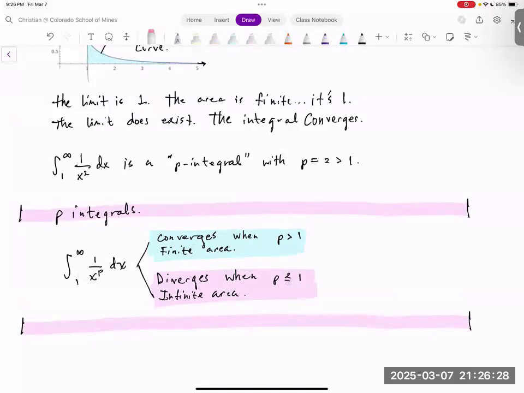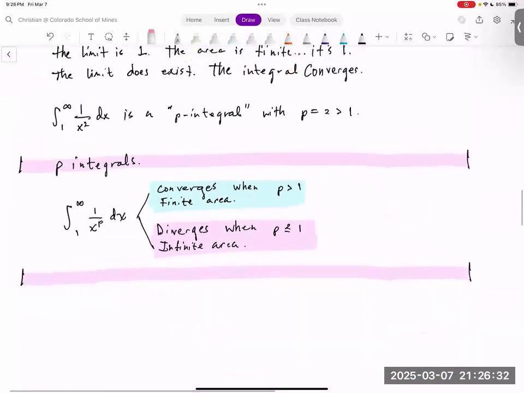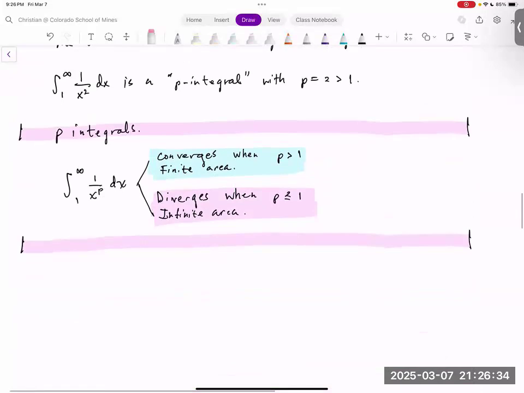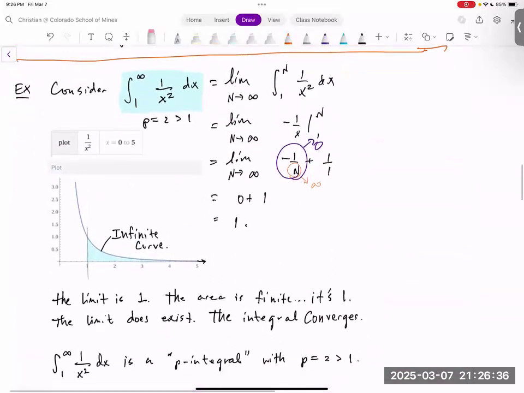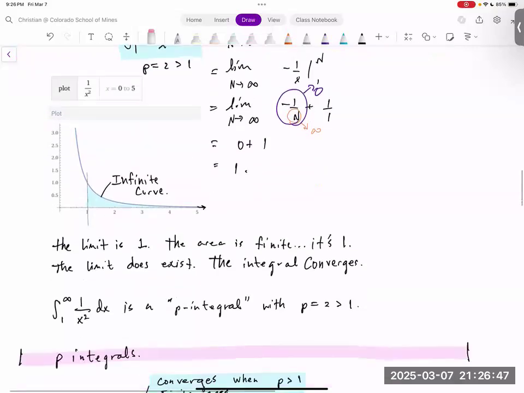Okay, let's keep moving on. Let's look at that same integral from 1 to infinity, but let's change the lower limit. So instead of 1 to infinity, let's use, say, 5 to infinity.